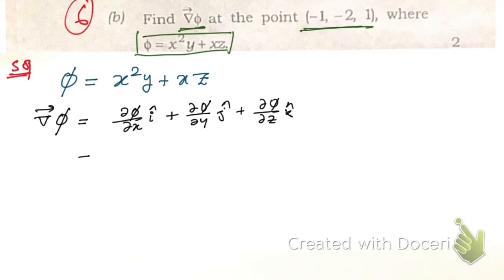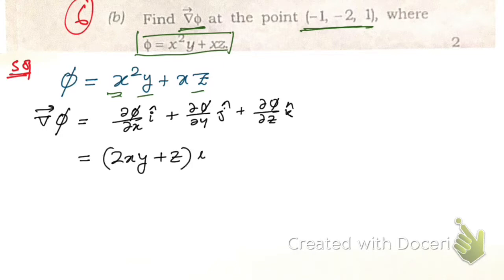Now you see, del phi by del x: we are going to take y as constant and z as constant. If you differentiate partially, the derivative of x square with respect to x is twice x, and y is taken as constant, so the next part is z, right? Then if you find the derivative of phi with respect to y, you have to take x and z as constant.